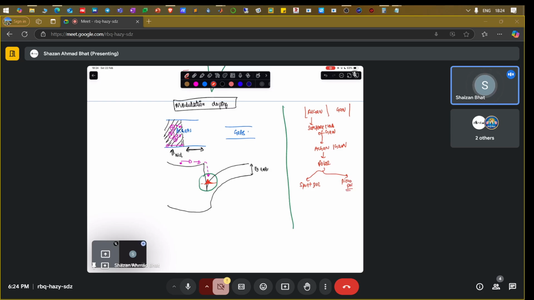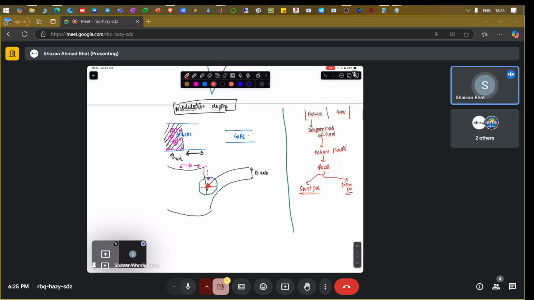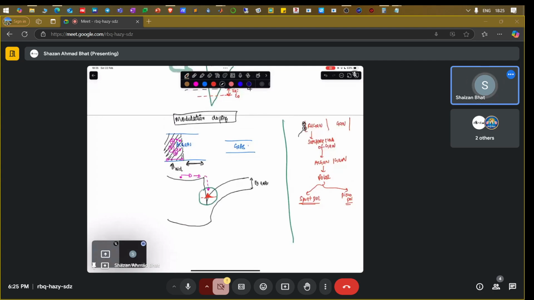They bring up electrons from the surface states of the GaN, which are present here. They are donor-type surface states, and those donor-type surface states donate the electrons. The electrons settle between the GaN-AlGaN interface and form a two-dimensional electron gas here.